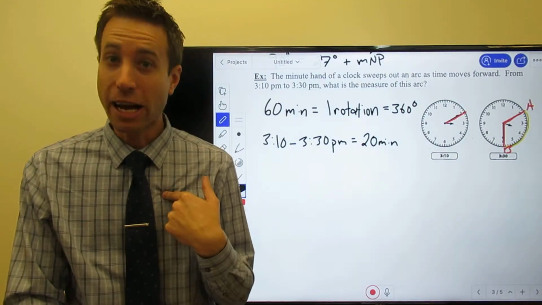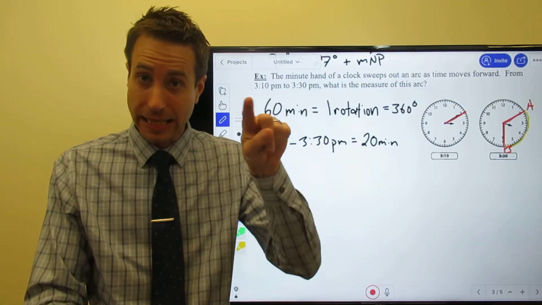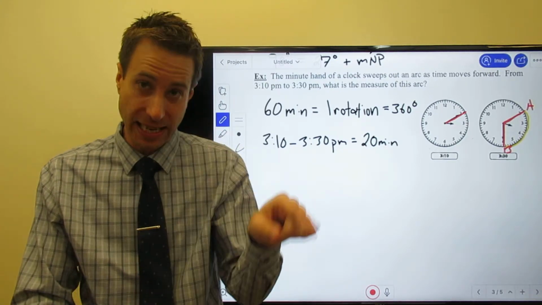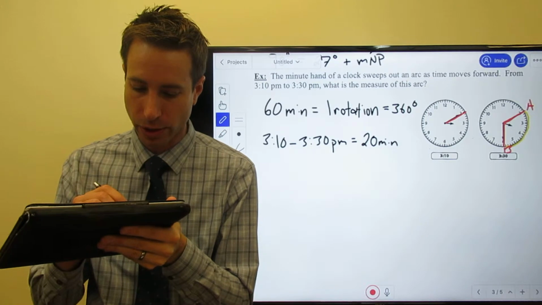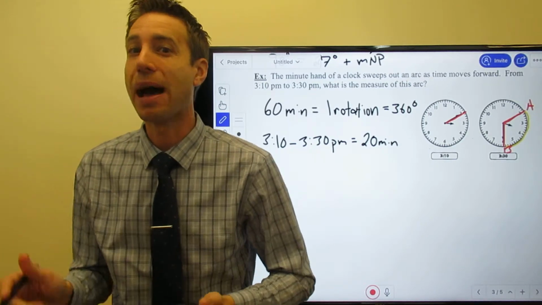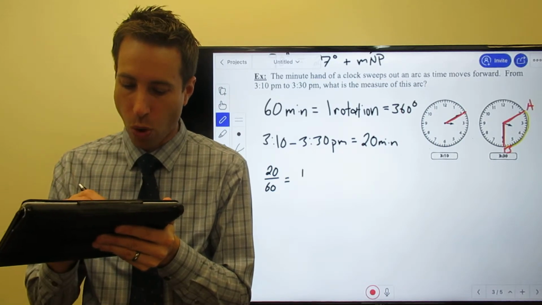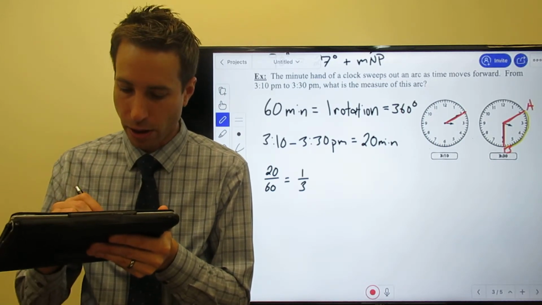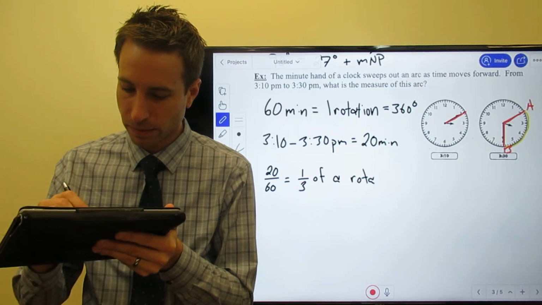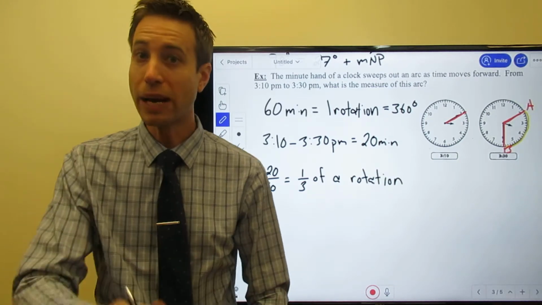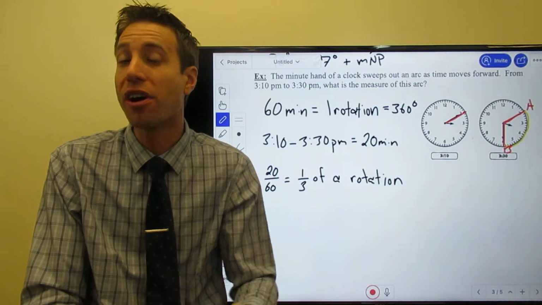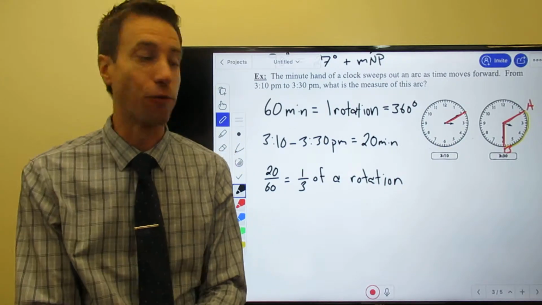Okay, so my arc is 20 minutes of the full 60 minutes it takes to go all the way around. So 20 divided by 60 means that 20 minutes is 1/3 of a rotation. In order to go from 3:10 to 3:30, I've gone 1/3 of the way around a full circle.